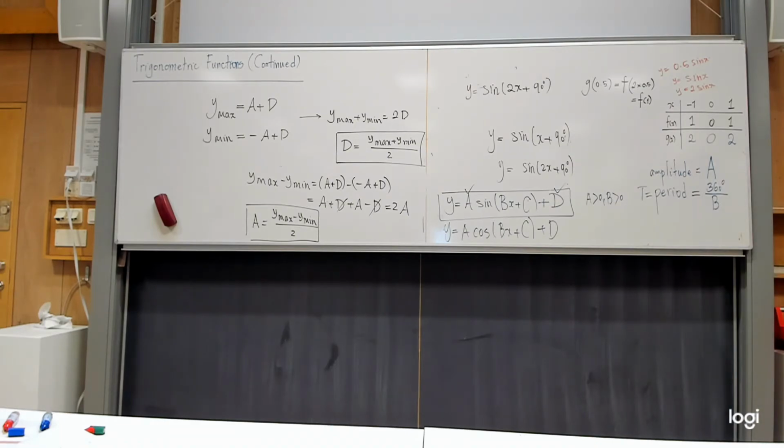Now, how can I find B? By looking at the graph. B is connected to the period. So you read the period, put it here and find B. Is that understandable? Just by looking at the graph, in principle you should learn how to read the period.